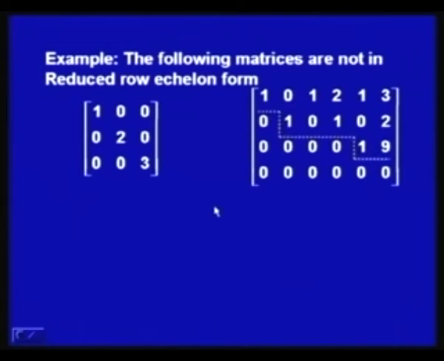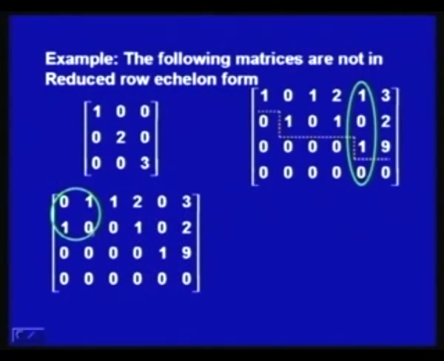In this case, the staircase pattern is still there, but if you look at this particular column, it has a leading one, and all other entries in the column should be 0. That is the fourth property, and this property is not satisfied. This entry is non-zero, it is 1. That is why it is not in reduced row echelon form.